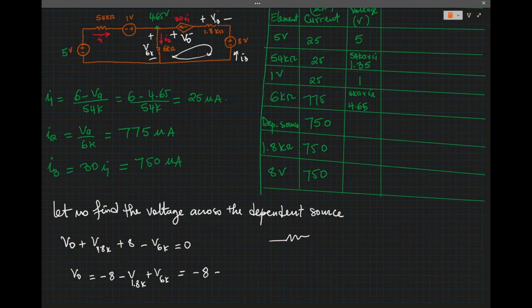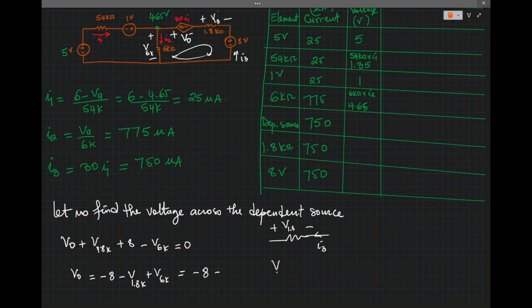We have I3 flowing this way, and let's call this V1.8K.